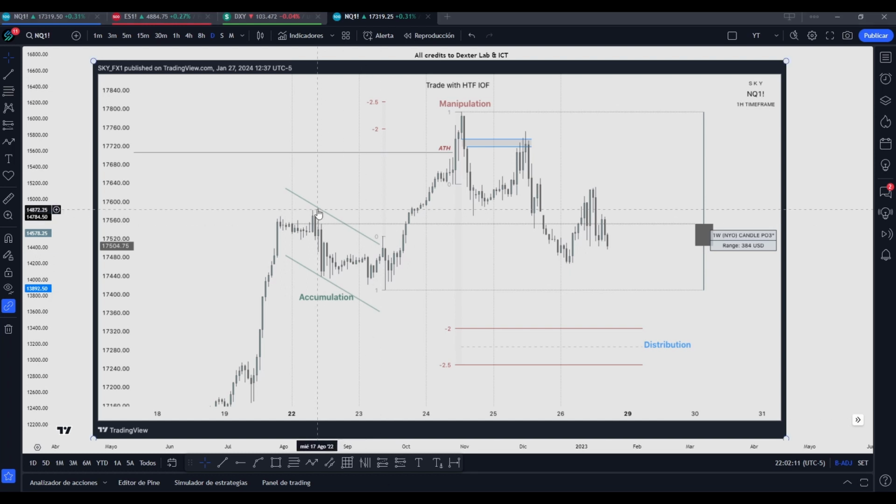So in here we can see we have a not usual accumulation, but if we use weekly power of 3 terms, remember I said it was fractal.